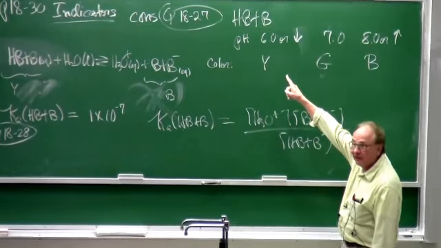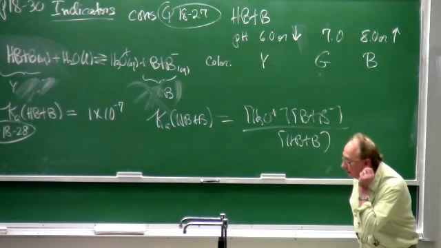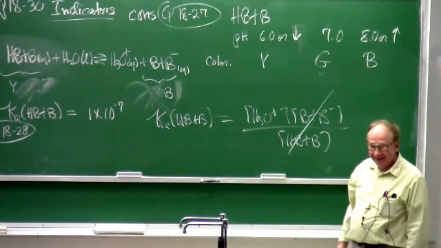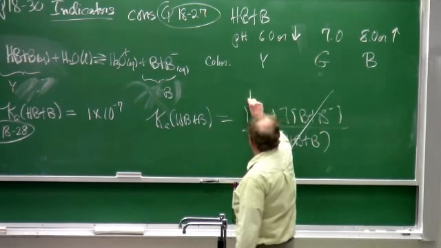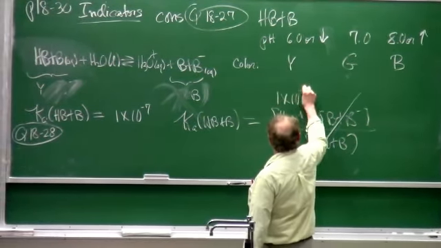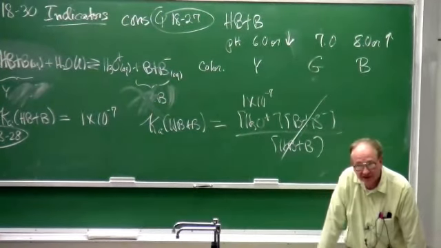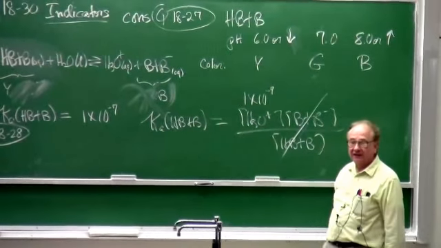By having HBTB and BTB minus present in equal concentration. So at green, these molarities are equal. And at green, where I have a pH of 7.0, the hydronium ion concentration is 1 times 10 to the minus 7, 1 sig fig, and there's KA of HBTB to 1 sig fig. Done.